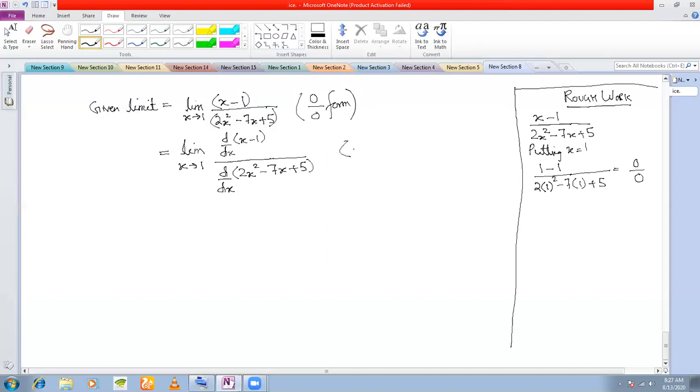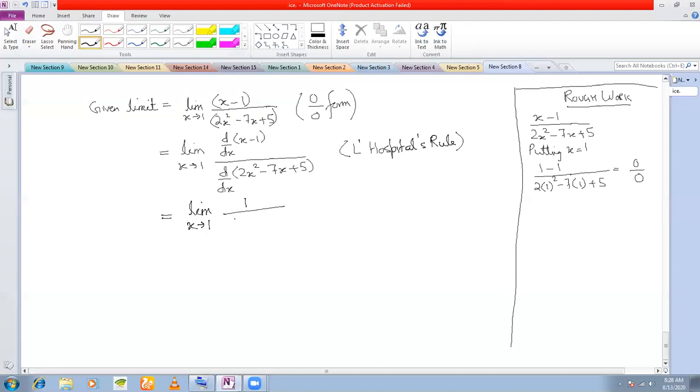This is by L'Hospital's rule. This becomes limit x tends to 1. ddx of x minus 1, you know, is 1.